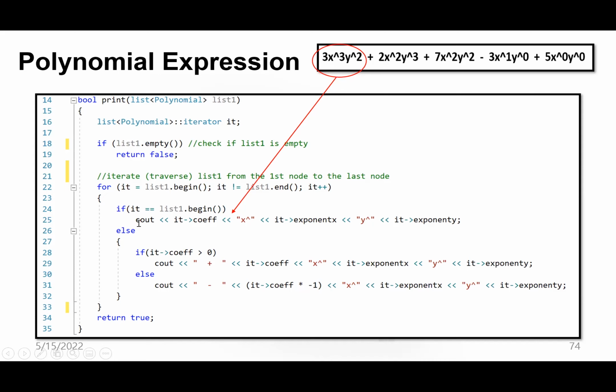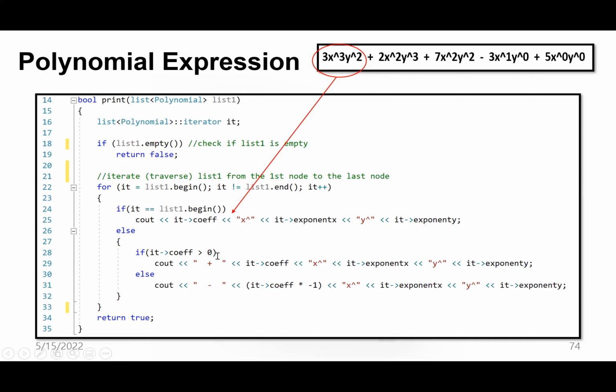So that's why I have another cout just to print the coefficient. Followed by x, then this sign and the exponent x value, the power, and then y, the power of the exponent y value. Okay, then how about this one? If this is not the first node, then I will go to the else part here, but inside I still have 2 cases.